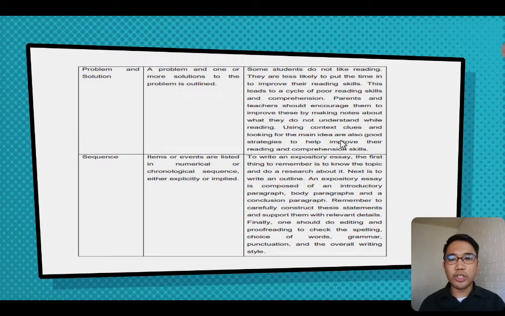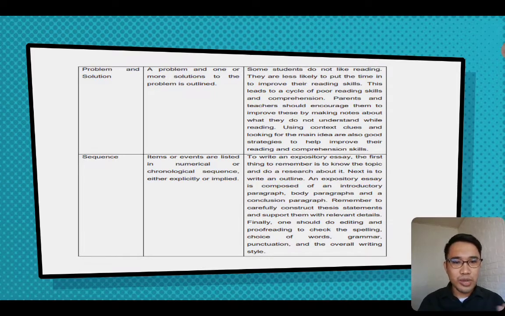Sequence is another type where items or events are listed in numerical or chronological sequence, either explicitly or implied. So here's an example of an expository text of the sequence type, where we were taught how to write an expository essay.